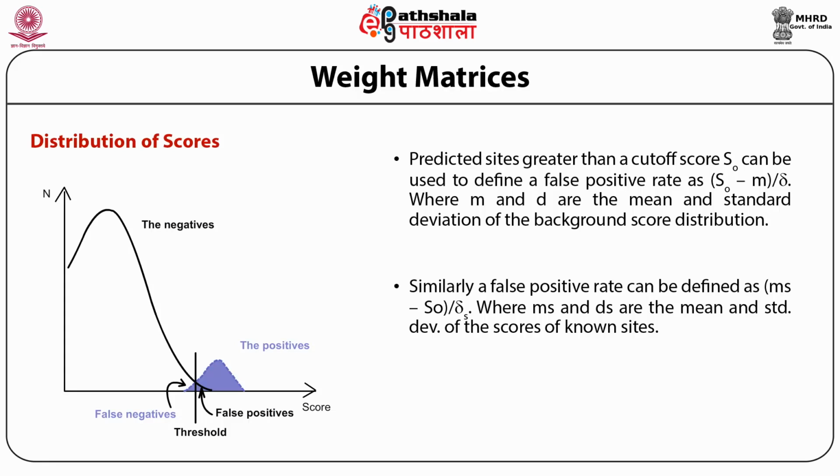On the other hand, if I shift it to the right, I will not have a single false positive, which means my method will be absolutely specific, but I will lose in sensitivity. That is, the part of the shaded region which is on the left of my threshold, I will lose. So a proper decision has to be made on where the cutoff has to be placed, where there is a proper balance between sensitivity and specificity.